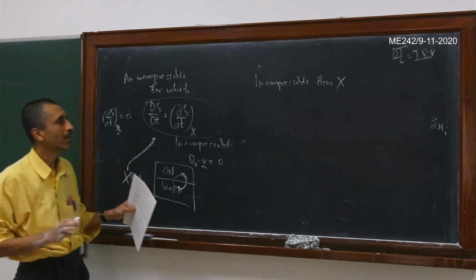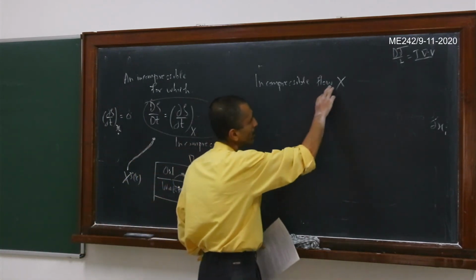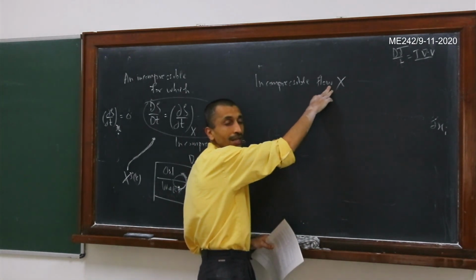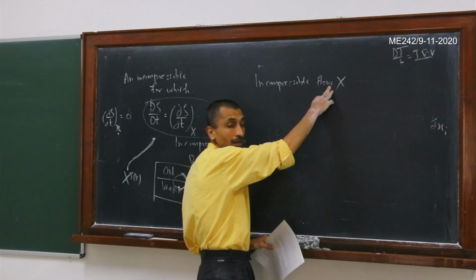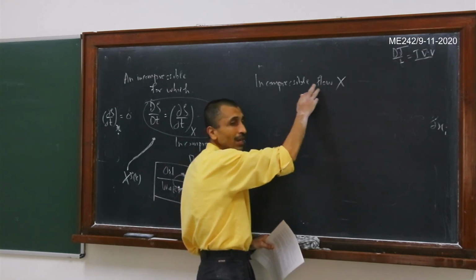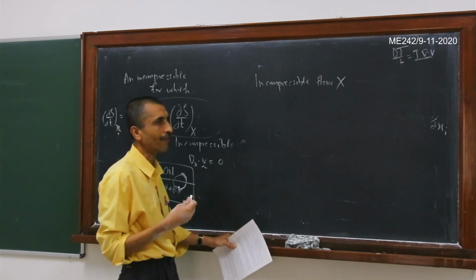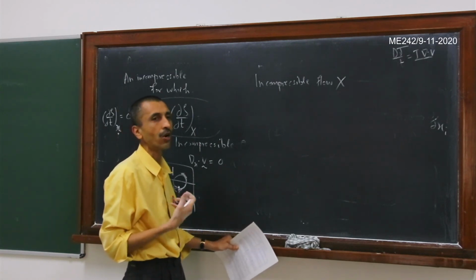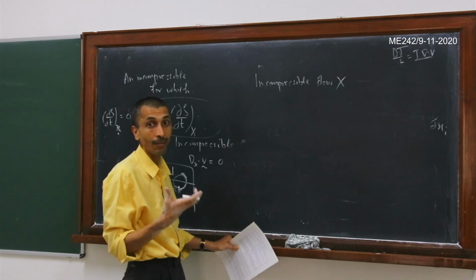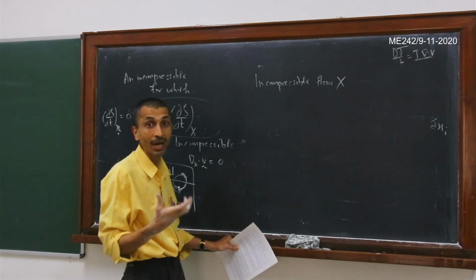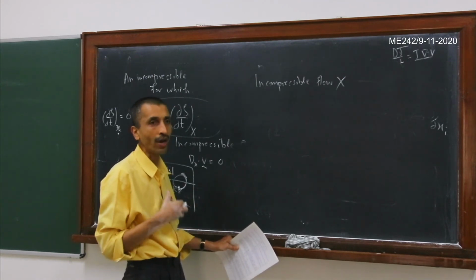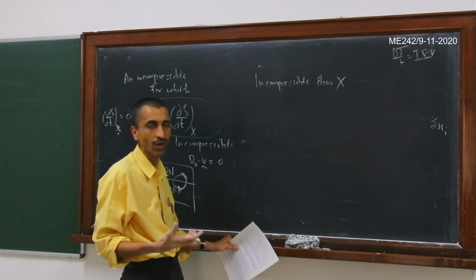Although this is used many times in fluid mechanics books and also in papers, you will see this kind of terminology, but it is wrong to use it, because when you are talking of incompressibility, you are talking of the medium. You can say that rubber is almost incompressible, or oil is almost incompressible, or water is almost incompressible.